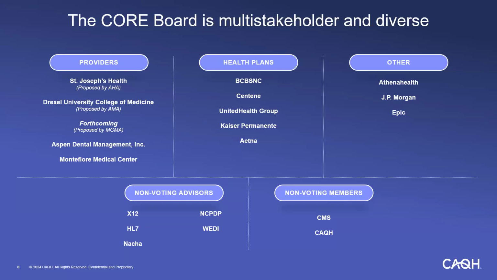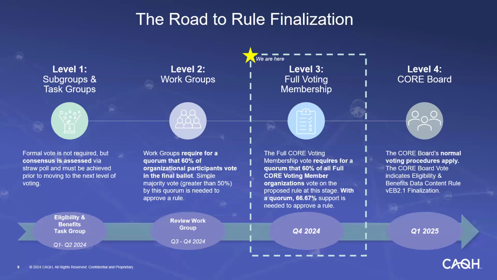On the next slide, you'll see that we have a very distinct and unique process that we follow in developing our rules. And so how did we get to our eligibility and benefit task group that started at the beginning of the year? Well, our board members, both the providers and the health plans, realized that there are specific issues related to returning benefits in the eligibility transaction for certain types of medication.